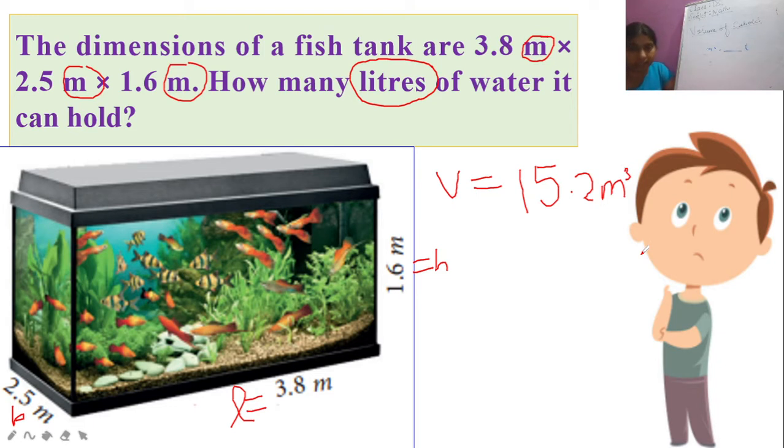Do you know how we can convert meter cube to liter? Yes, very good students. We know that 1 meter cube is equal to 1000 liters, right? So you just use the unitary method. We have a volume of 15.2 meter cube, so we will multiply this 15.2 with 1000.